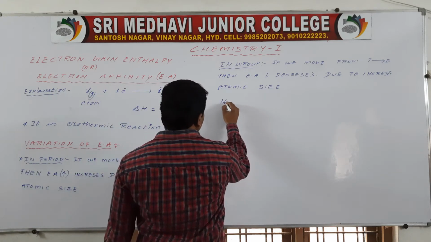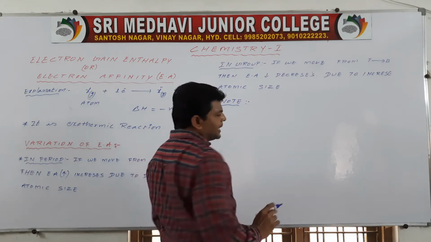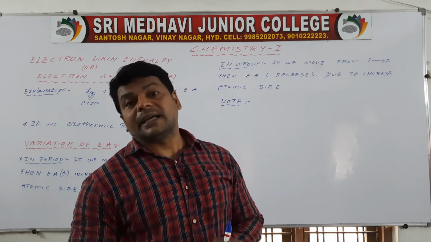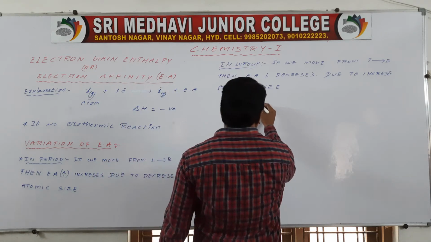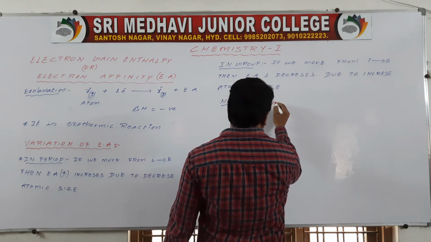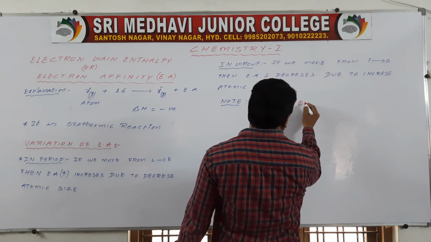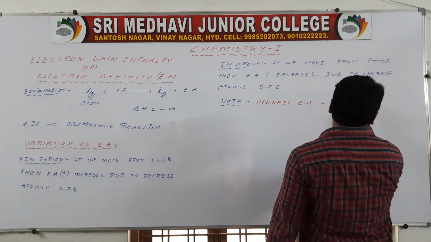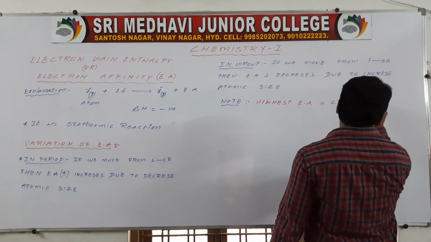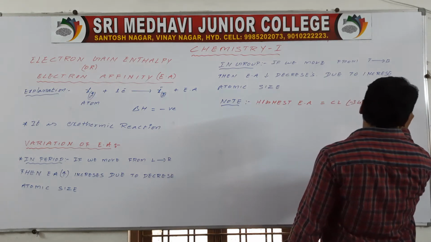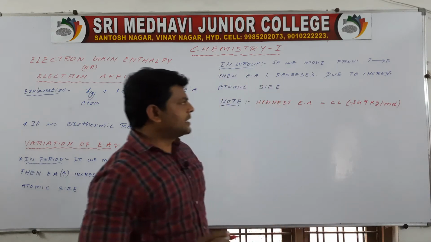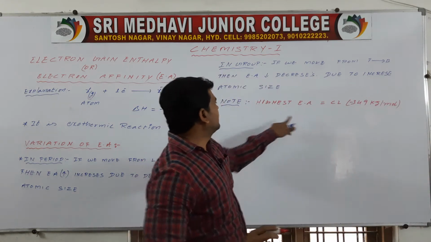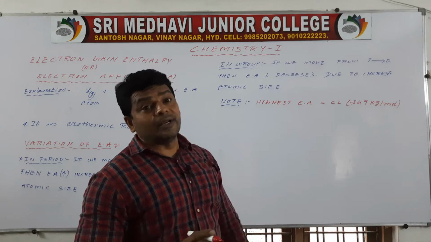Here you have to know a note. In the periodic table, the element with the highest electron affinity value is chlorine, nearly minus 349 kilojoules per mole.